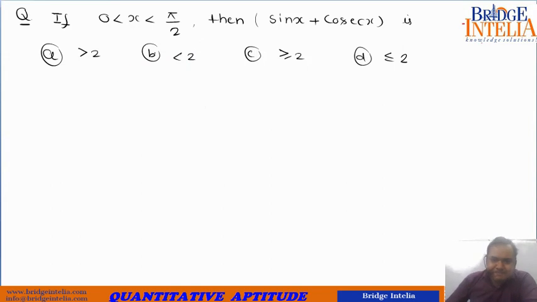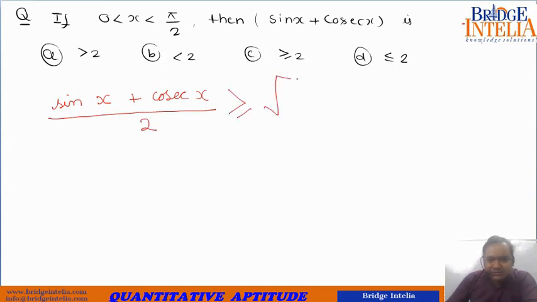So let us see. These are the two terms, sine x plus cosec x. If I take its arithmetic mean, then I can conclude this will always be greater than or equal to their geometric mean, that means root of sine x into cosec x.